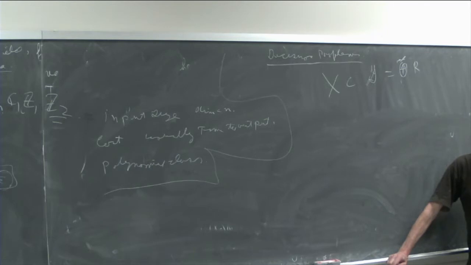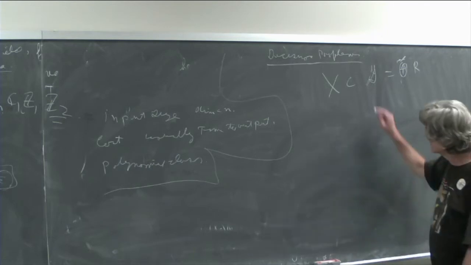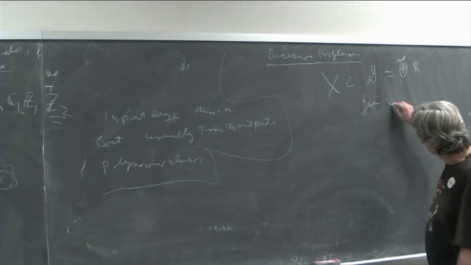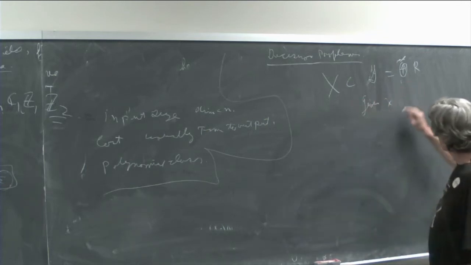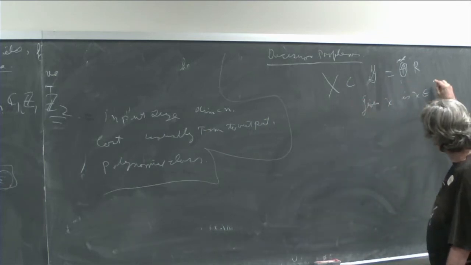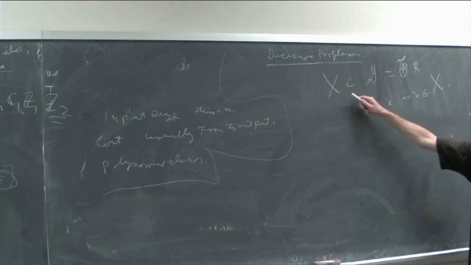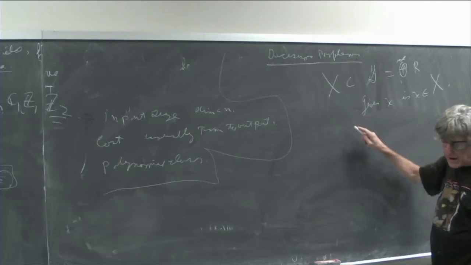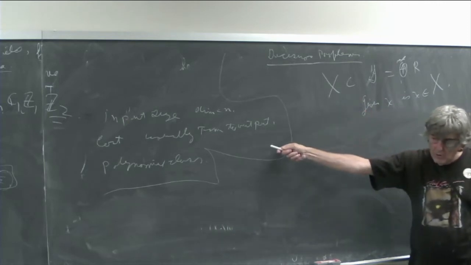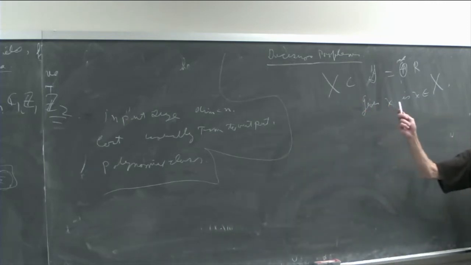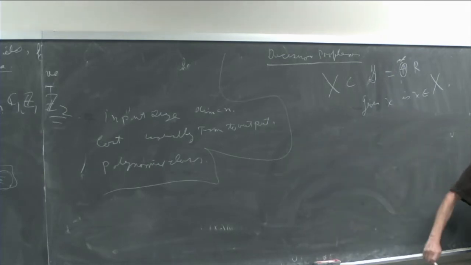You now ask, given an input x of size n, is x in X? That's a decision problem. In other words, you're trying to compute the characteristic function of the set X. This decision problem is said to be in P if you have a polynomial time computation for the characteristic function of the set.